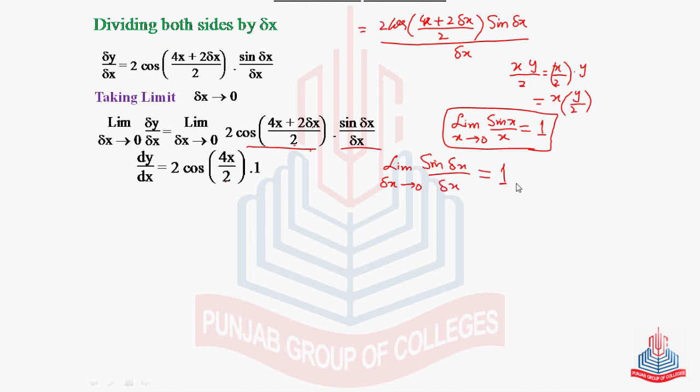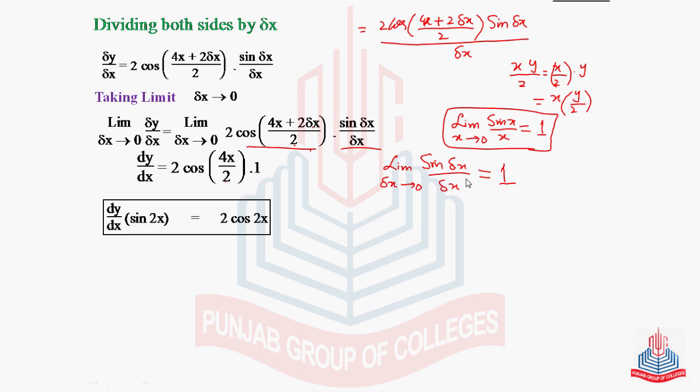That is actually from limit delta x approaches 0 sin delta x over delta x, which is explained here in this step. So the 2s are 4, and our final result is 2 cos 2x.